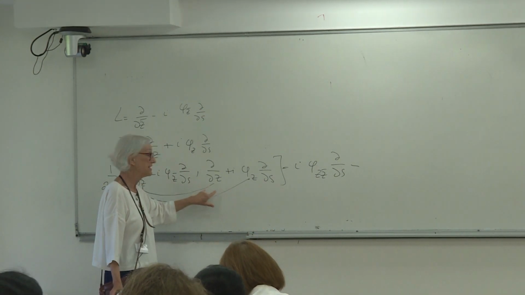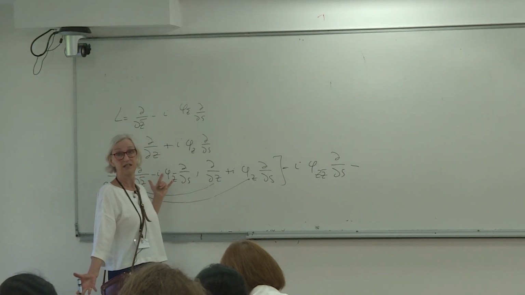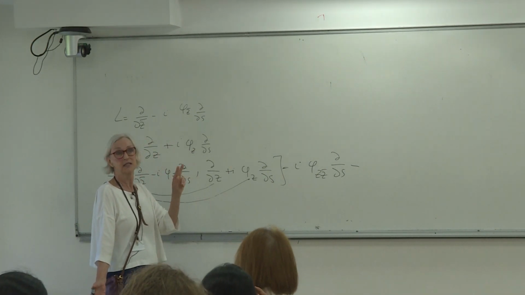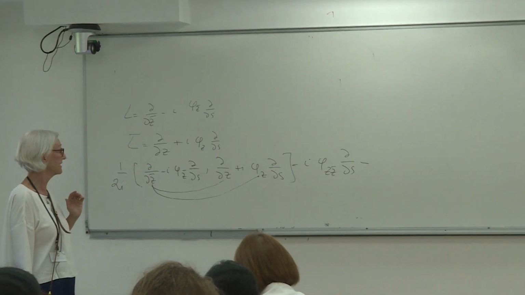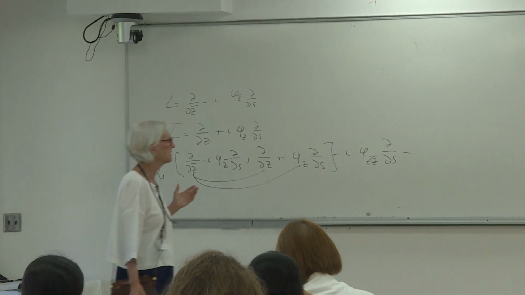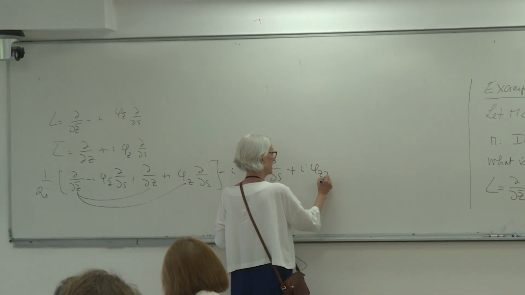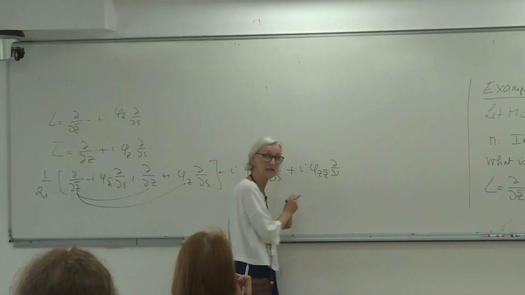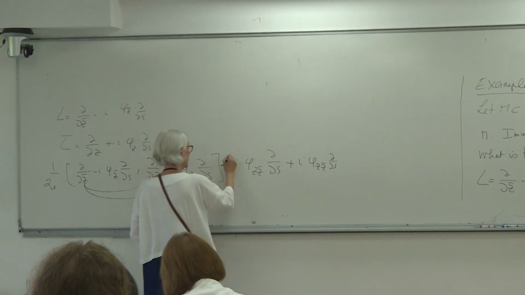Minus, so it's plus i φ, and again z̄, z̄, you don't see the difference. So it's going to be what? Plus i φ_{z̄} ∂/∂s. Okay? And I have a 1 over 2i.